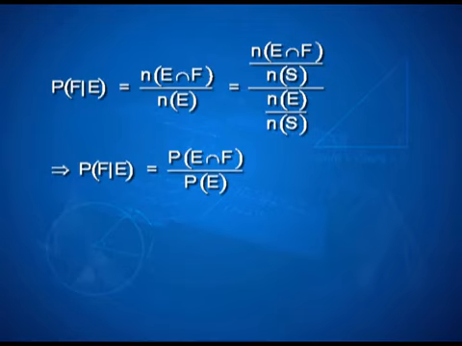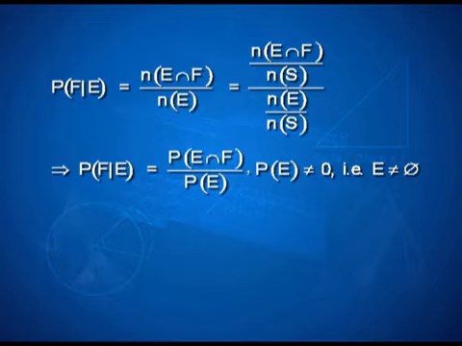If you know each one of them independently, take the quotient and you have the required quantity. Of course, the condition is that the probability of E should not be 0. The moment I write something in the denominator, one has to pay attention to this, and that would mean that E is not an empty set.